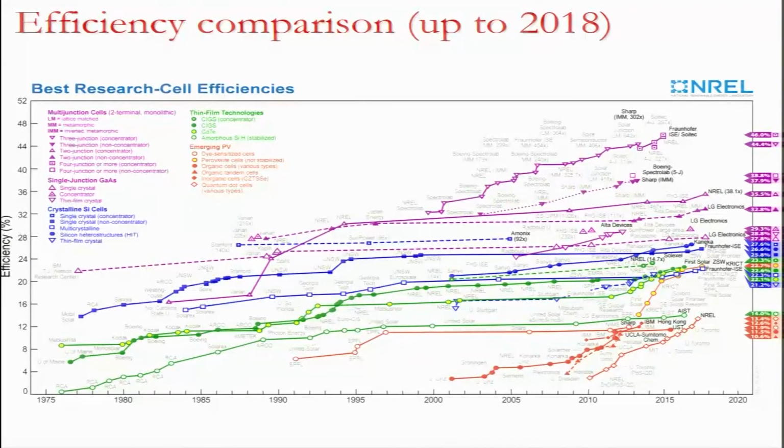And this is a famous efficiency plot from NREL, which publishes this in the public domain, and this diagram is referred to by most of the researchers in the world. You can see the crystalline silicon in the blue lines, and the non-concentrator silicon technology is about 25.8% as of 2000.